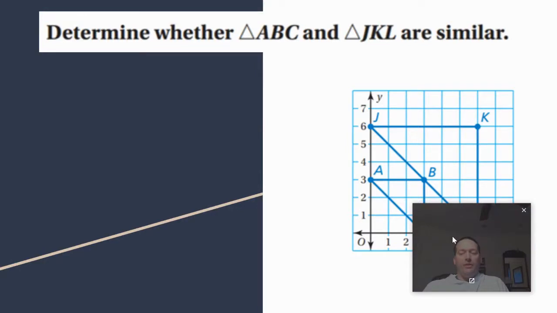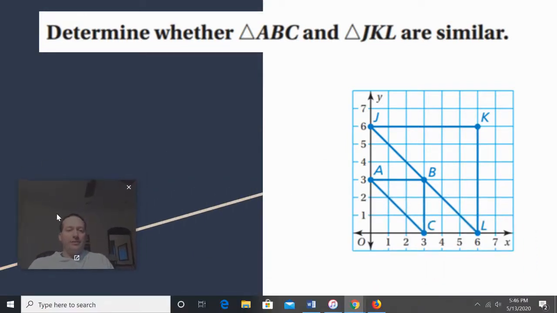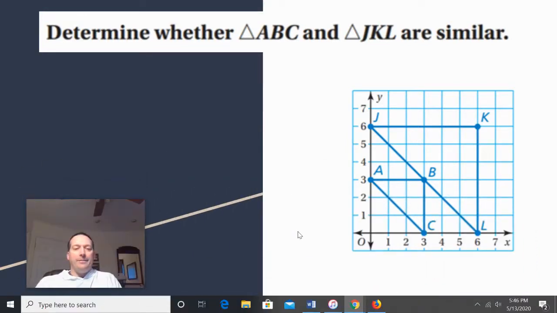Now we have to determine, all right, so before we looked at two shapes that gave you the side lengths. Here we're looking at two shapes that don't give us the side lengths, but rather are graphed on a coordinate grid. So what we need to do is look at the points. Okay, so this is 0, 3. The corresponding point is 0, 6. 3, 3, 6, 6, 3, 0, 6, 0.